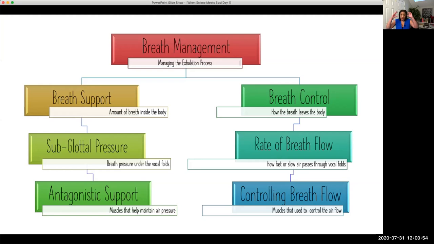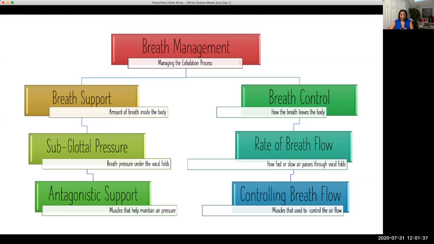So I say the system of breath management is managing breath support, how much air is in the body, the air that is supporting the tone, to breath control, how the air is leaving the body, for the most simplest words, right? So the air that's carrying the sound versus the air that's helping to stabilize the sound. One level down, this could be measured in subglottal pressure or pressure inside the lungs, breath support.